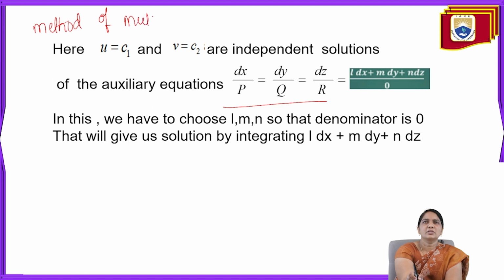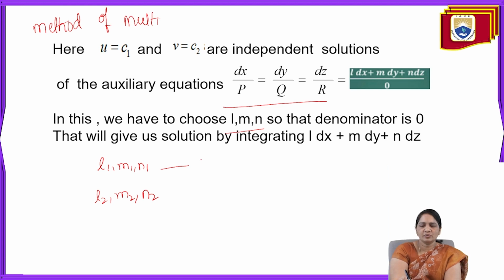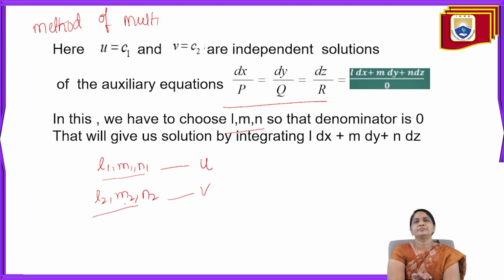In this method, we choose some multipliers L, M, N. We need L1, M1, N1 and L2, M2, N2, because we need two solutions. For the first solution u, we denote the multipliers as L1, M1, N1, and for the second solution v, we choose multipliers L2, M2, N2.